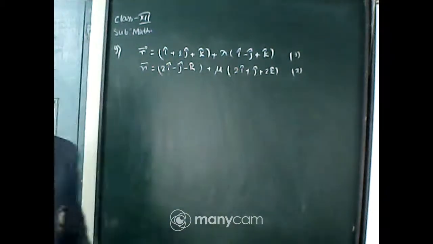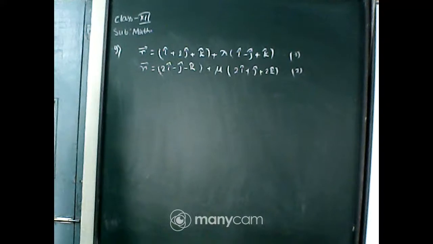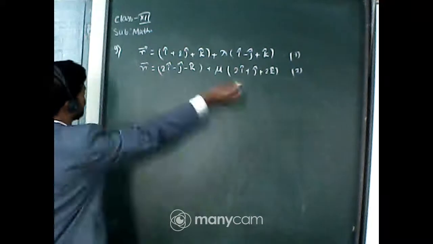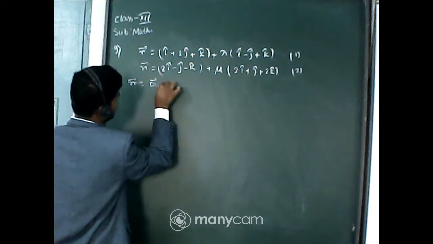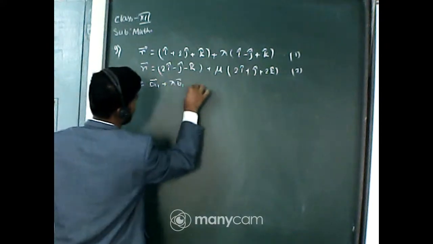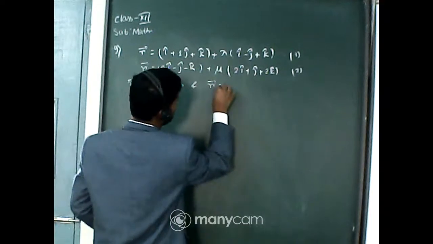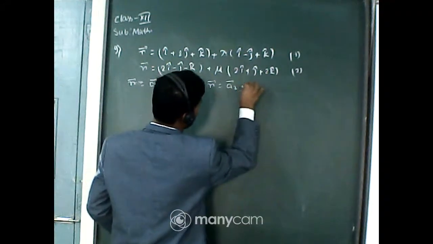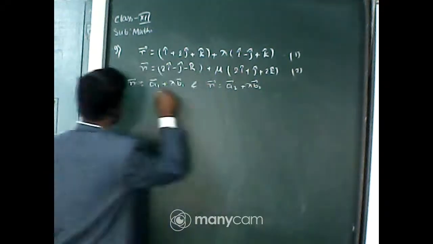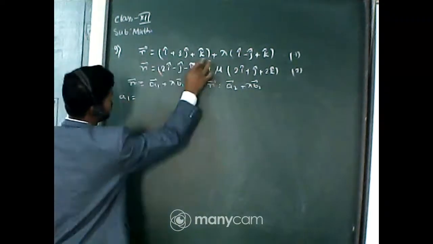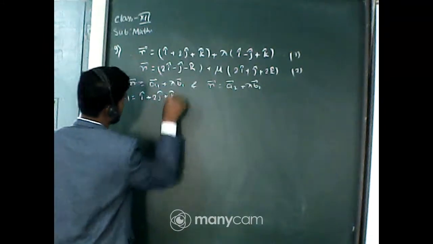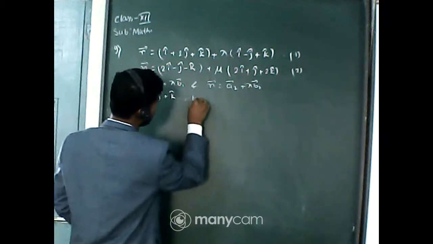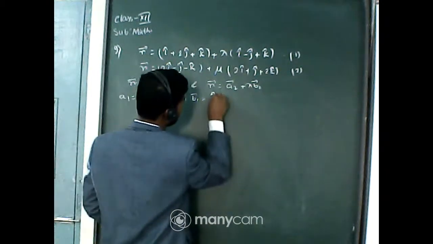Now if I compare equation number 1 and equation number 2 with r equal to a1 vector plus lambda b1 vector and r equal to a2 vector plus lambda b2 vector, then we have a1 equal to i plus 2j plus k. b1 vector will be equal to i vector minus j vector plus k vector.